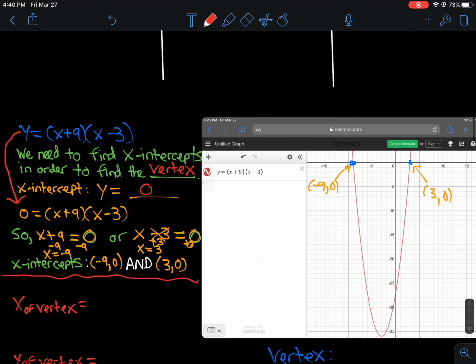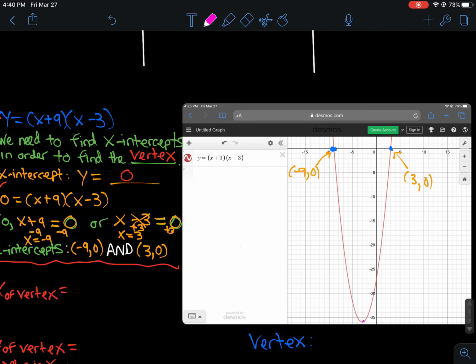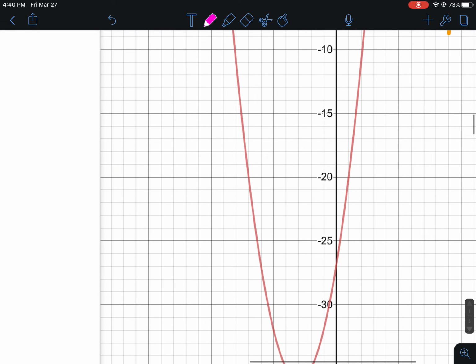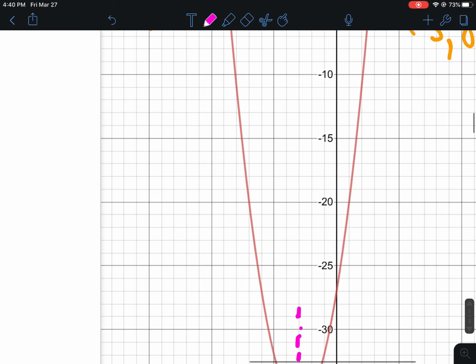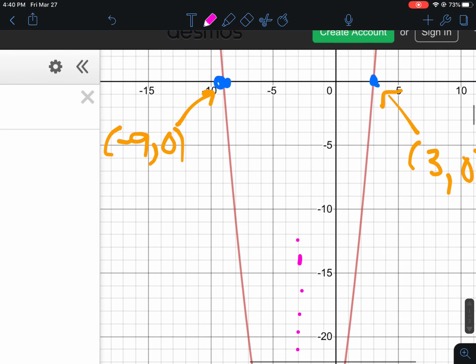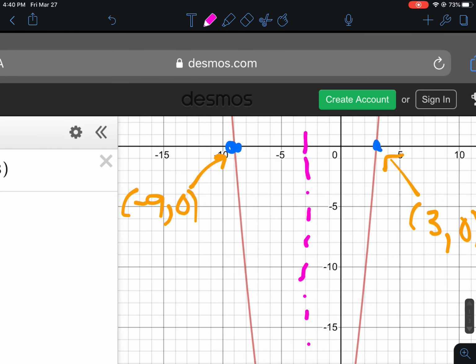Now, something that is true is that a parabola is symmetric. When you have your vertex, remember, there's an axis of symmetry. The axis of symmetry is this line that splits the parabola in half. The x of the vertex is right there, and it's not a coincidence, it's exactly in the middle of your x-intercepts.